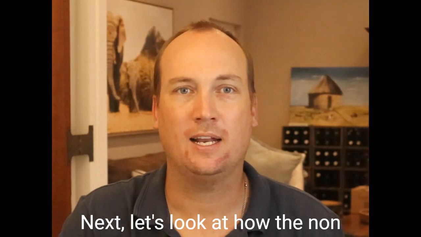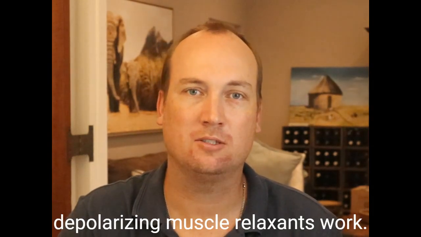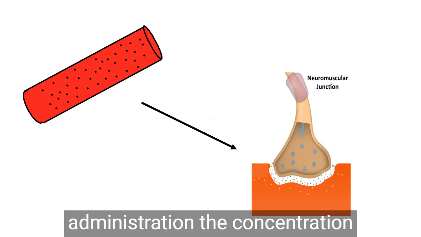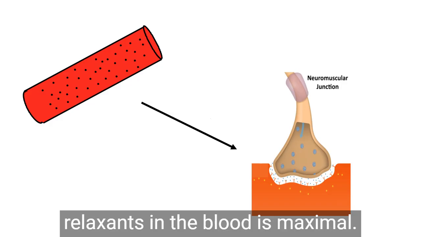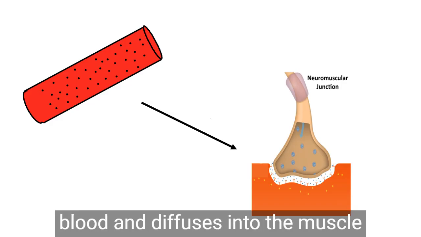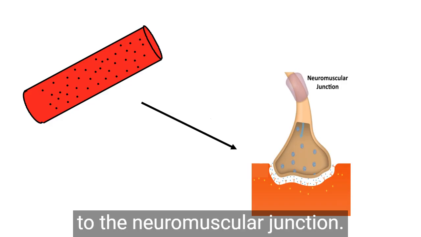Next, let's look at how the non-depolarizing muscle relaxants work. Again, after intravenous administration, the concentration of the non-depolarizing muscle relaxant in the blood is maximal. The drug then circulates in the blood and diffuses into the muscle to the neuromuscular junction.